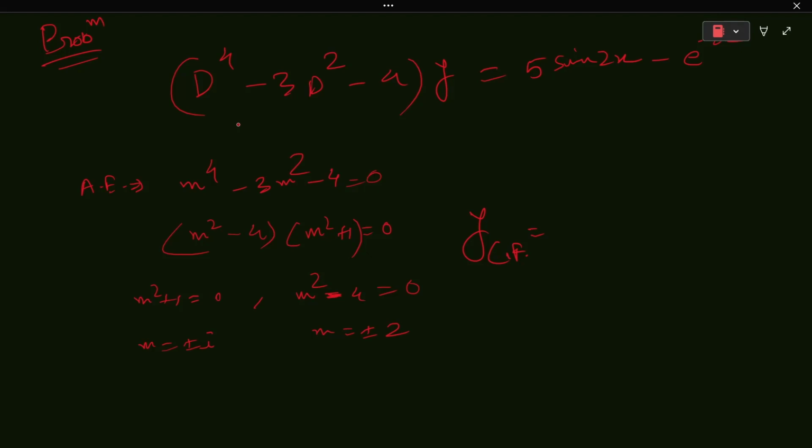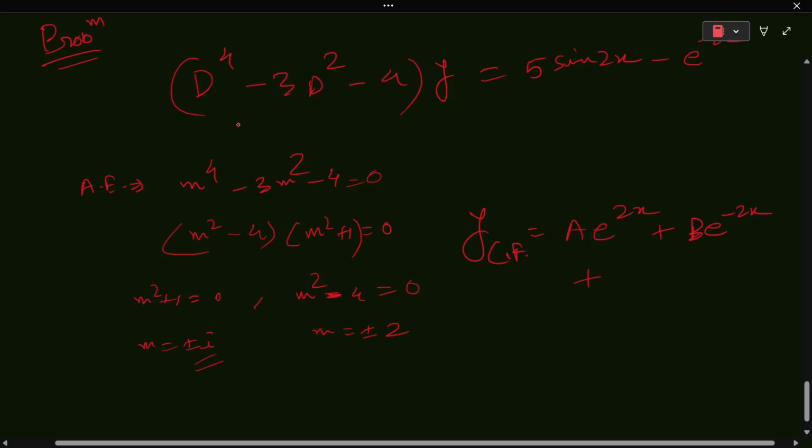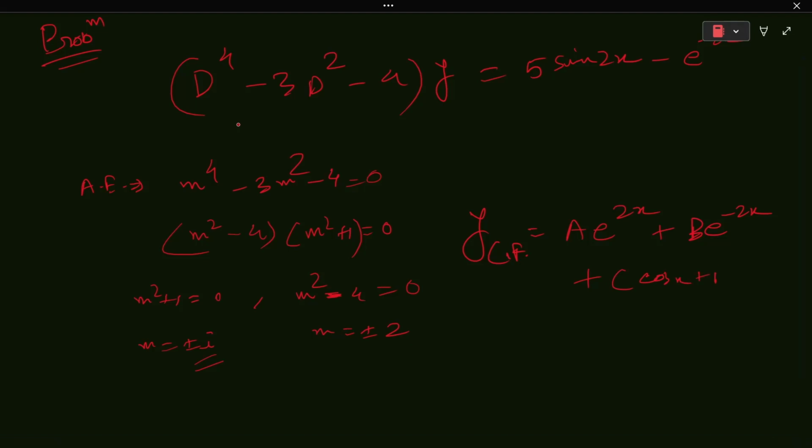So for that part, let's write a e to the power 2x plus b e to the power minus 2x, plus for the complex conjugate part plus minus i, c cos x plus d sin x. So this is the complementary function part.